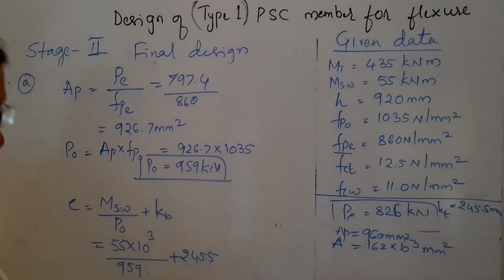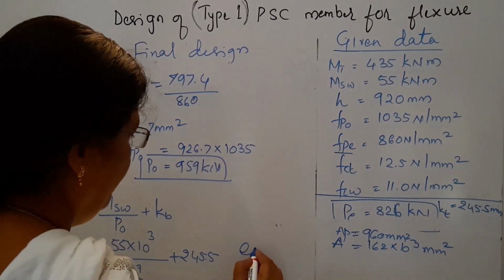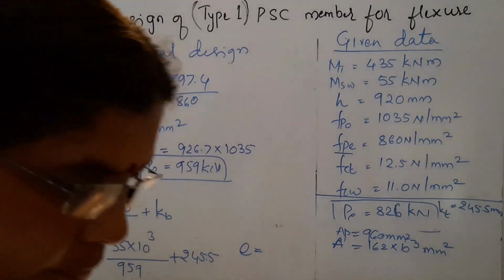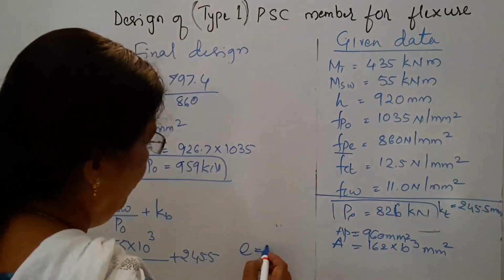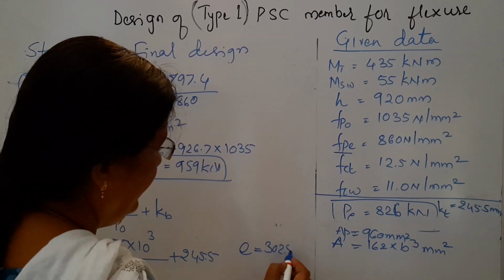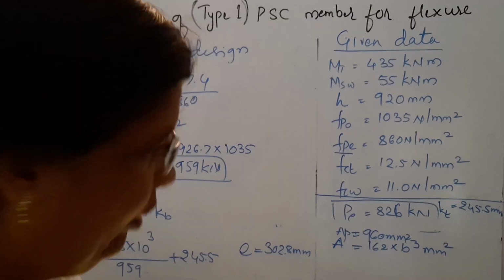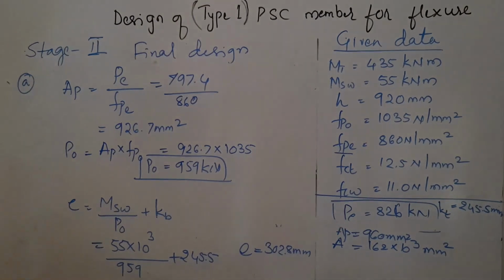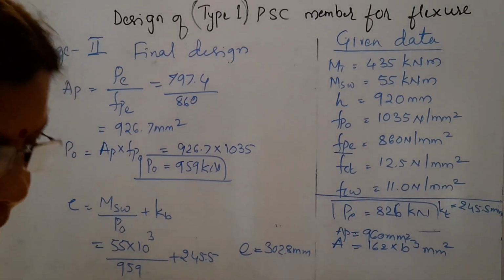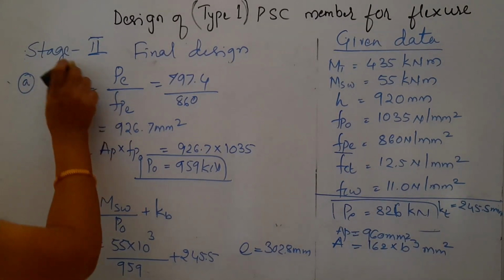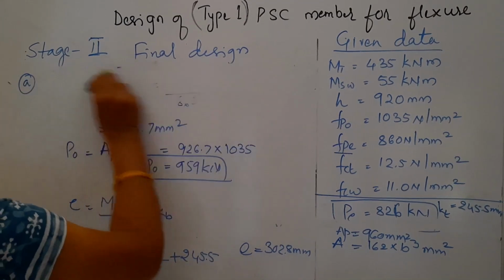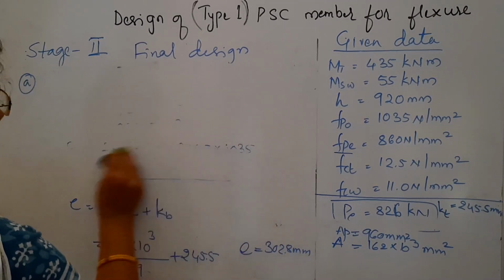Then E is equal to 302.8. Previously it was 300. Now it is 302.8. And then we have to calculate once again PE, effective pre-stressing force, using these new values.